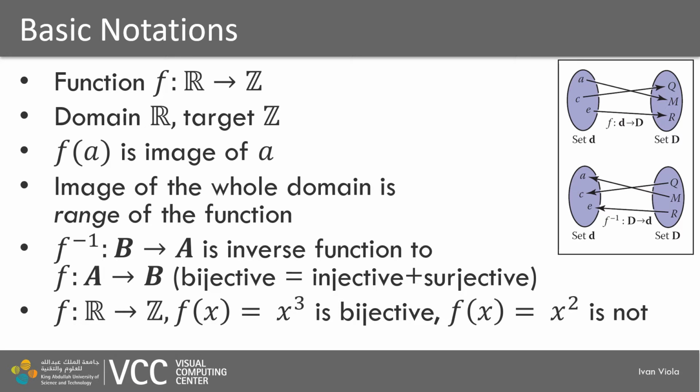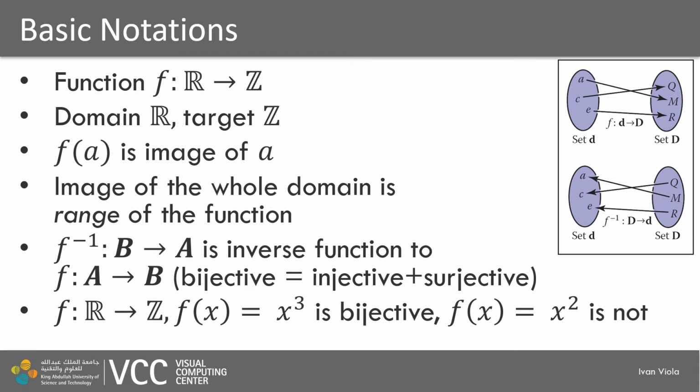We will call the space in which the input values are located the domain, and the outcome of the function with these input values will result in a so-called codomain, but here also in the book called target.